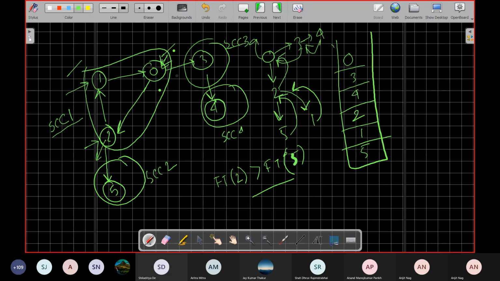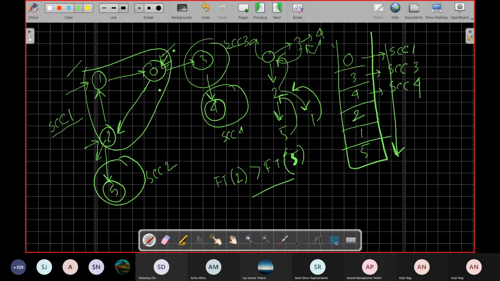Now with this, what we have already got is that we have pinpointed things in the DFS that we have got. So here you can see the different strongly connected components. This is the strongly connected component of 1. This is the strongly connected component of 3. This is the strongly connected component of 4.